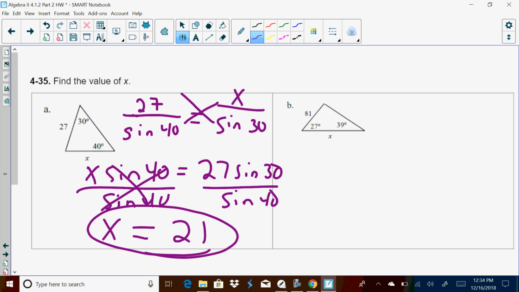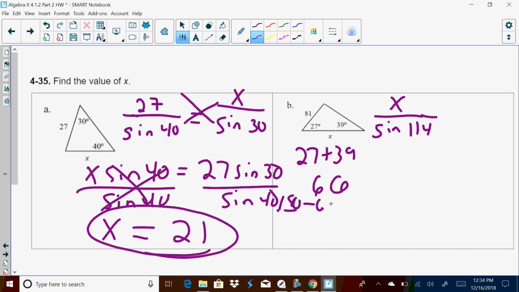For b, we're going to do x over the sine of 114, because the first thing I did was 27 plus 39, 66, and subtract it from 180. So I got 114. And then that equals 81 over sine of 39.